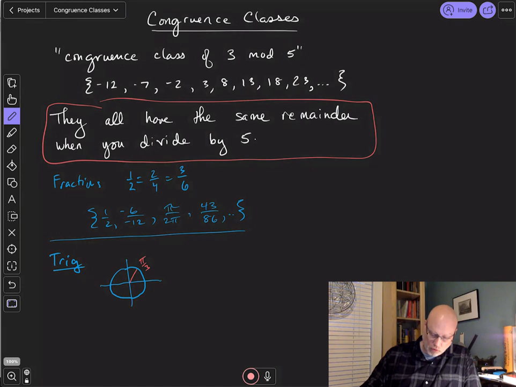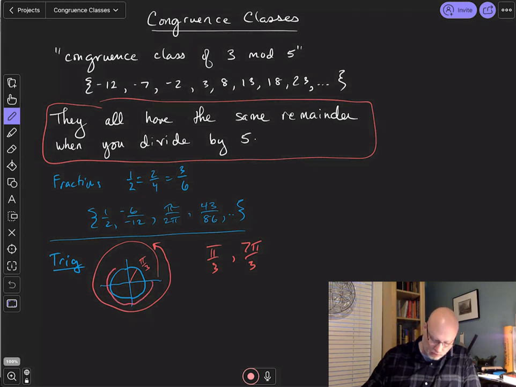If I go around the circle all the way and stop at pi over 3 again, I have 7 pi over 3. And if I go the opposite direction to get to this point, I'm at -5 pi over 3.